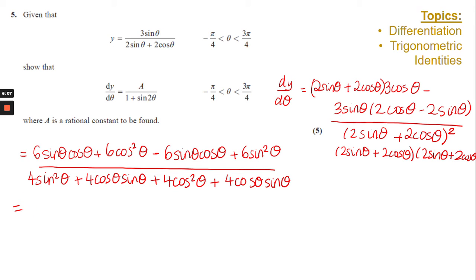So now let's just simplify what we have. We've got 6 sine theta cos theta minus 6 sine theta cos theta, so that cancels out.